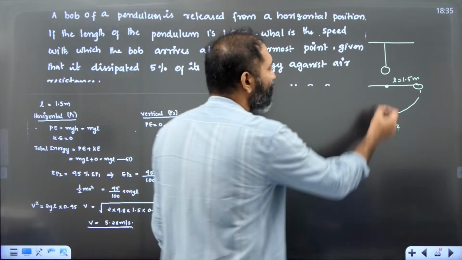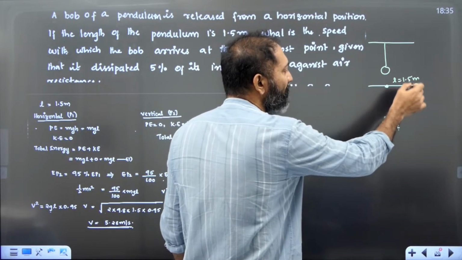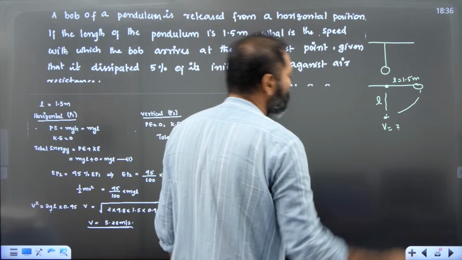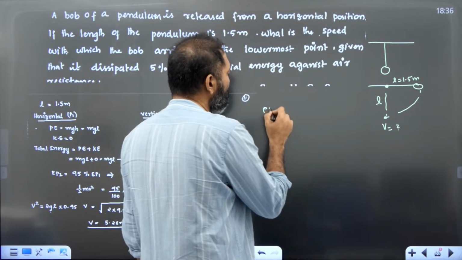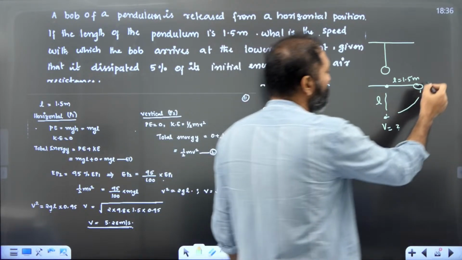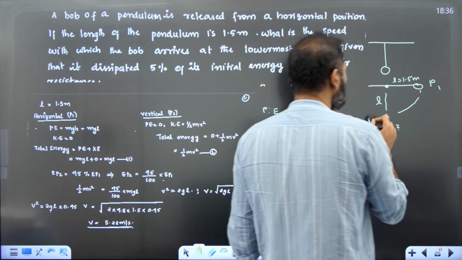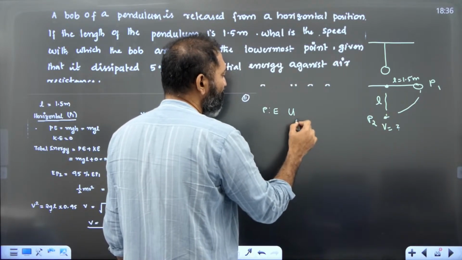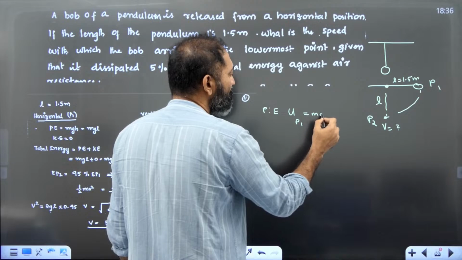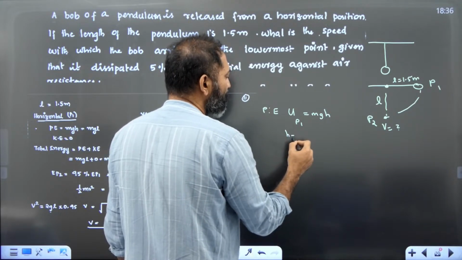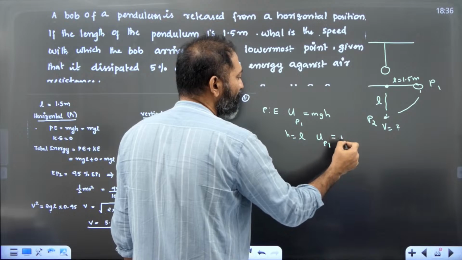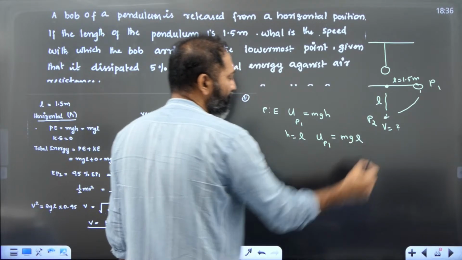So what will be the vertical height when the bob is in the horizontal position? That is equal to L. So potential energy, let this be point P1 and let this be point P2. Potential energy U suffix P1 equal to what? mgh. Here height is equal to L. So potential energy at point P1 is mgL.